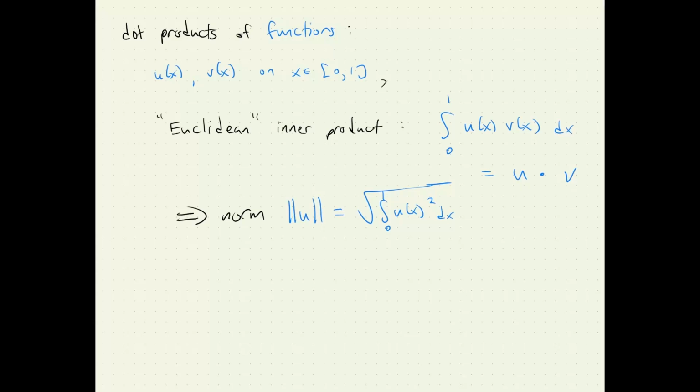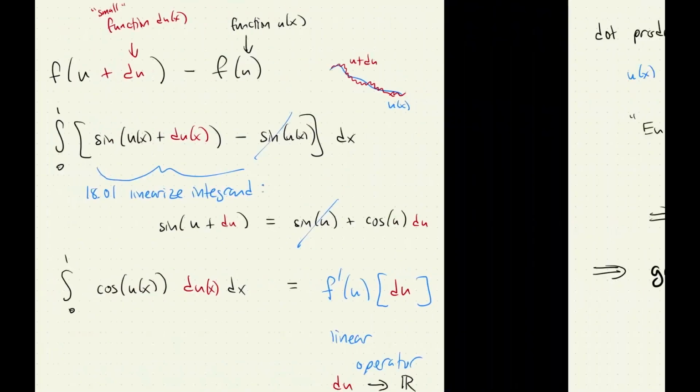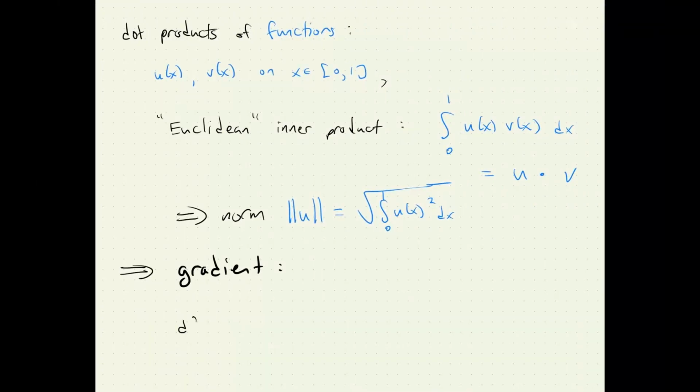Now we can find the gradient. What was our df? df, which was f primed of u acting on du, we said was the integral from 0 to 1 of cosine of u of x times du of x dx.